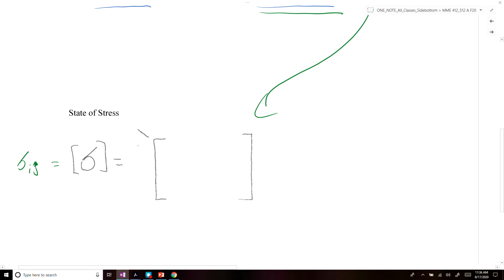The first index will be our rows, and our second index will be our columns. Our first index will be x, y, and z, and we'll write our x, y, and z on the top, and we'll have a 3 by 3 matrix. So what we'll end up getting is sigma xx for our first component.